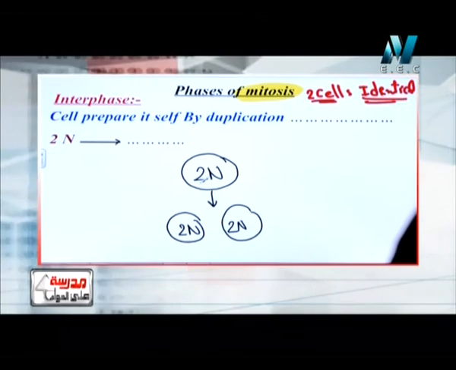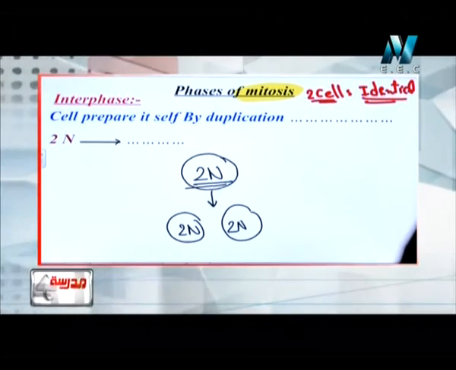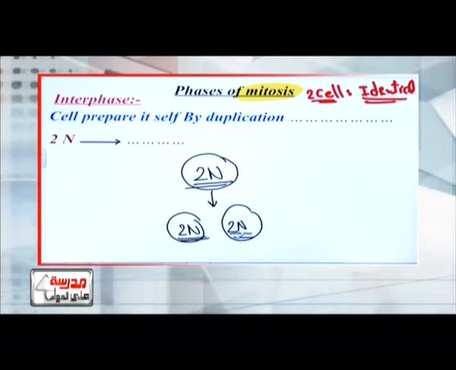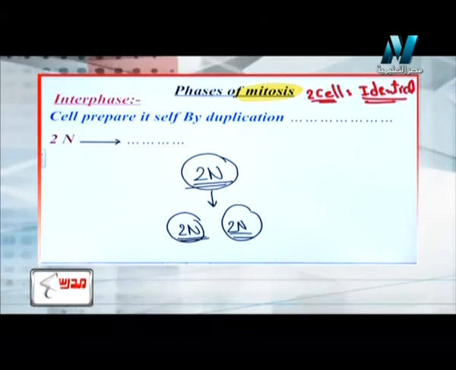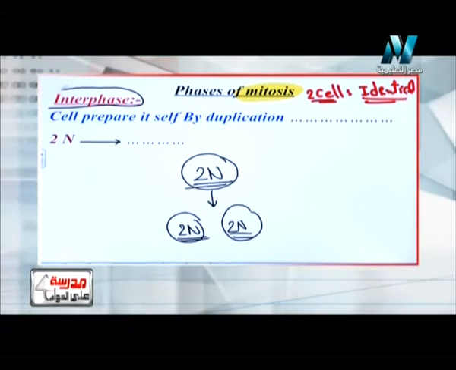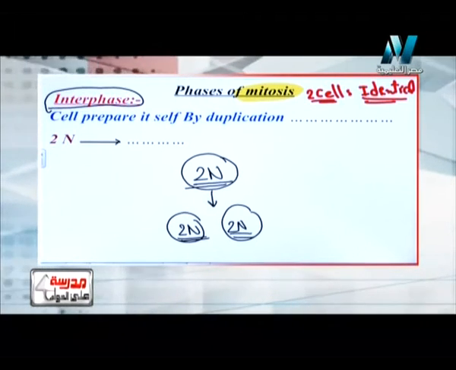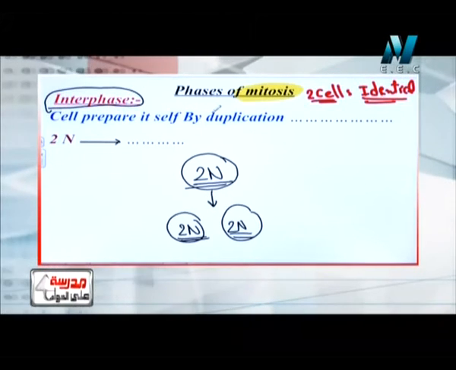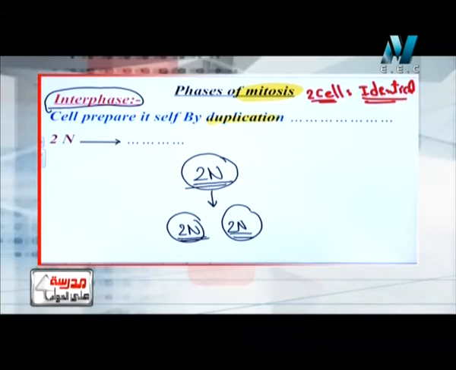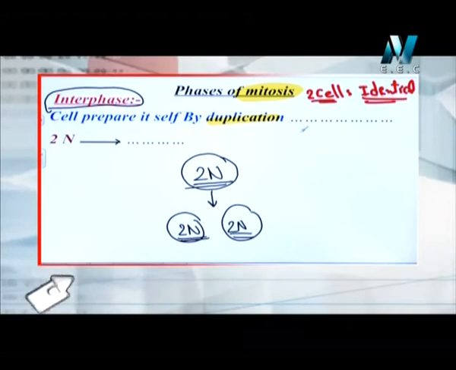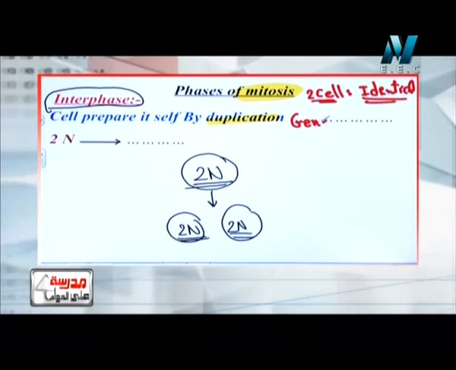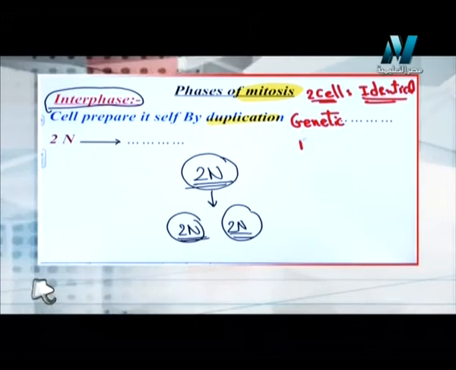Here, how come a complete number of chromosomes produces two cells with a complete number of chromosomes? Here we have interphase. This interphase cell prepares itself by duplication of genetic materials.